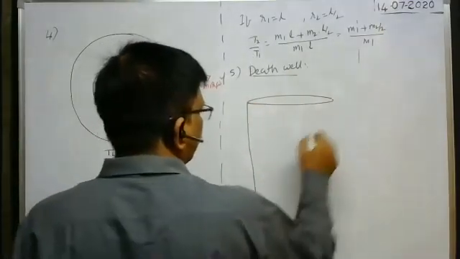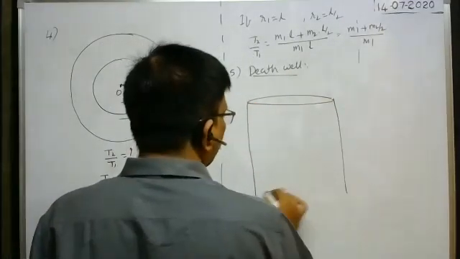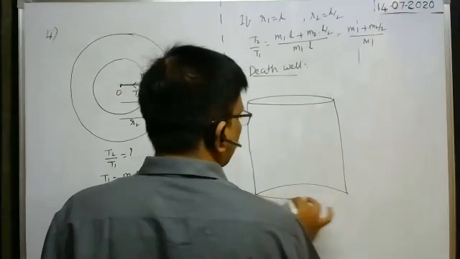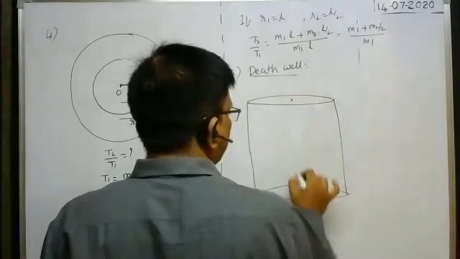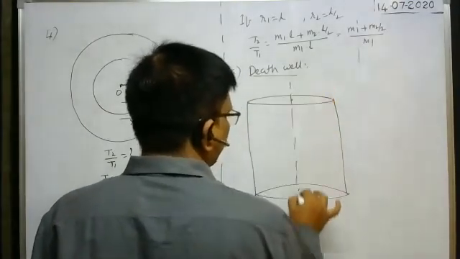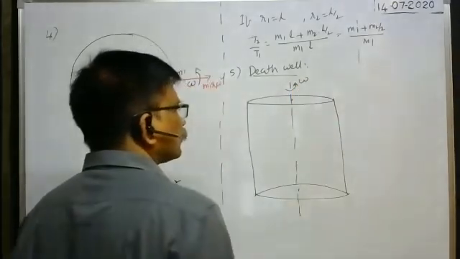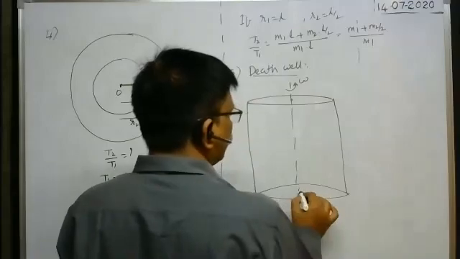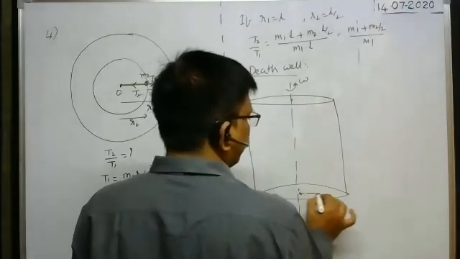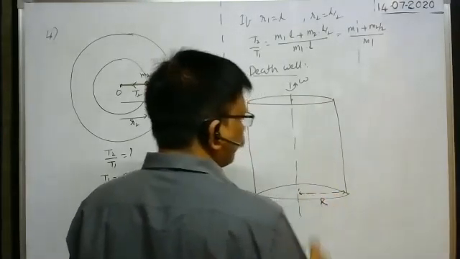Here there is a cylindrical chamber. The cylindrical chamber is made to rotate with angular velocity omega. The radius of the death well is, say, capital R.